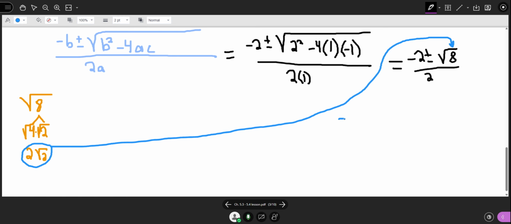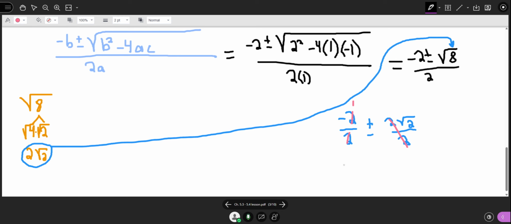So that gives me negative 2 over 2 plus minus 2 square roots of 2 over 2. 2 goes into 2 once.